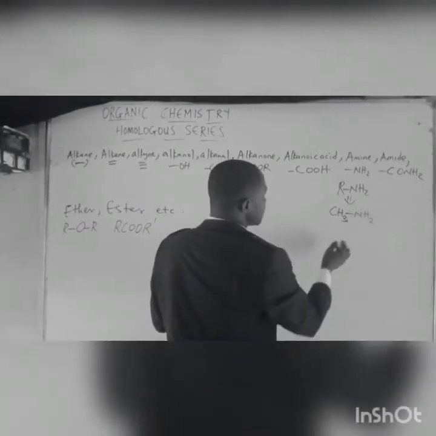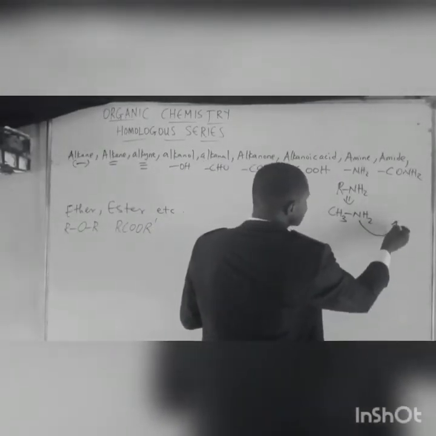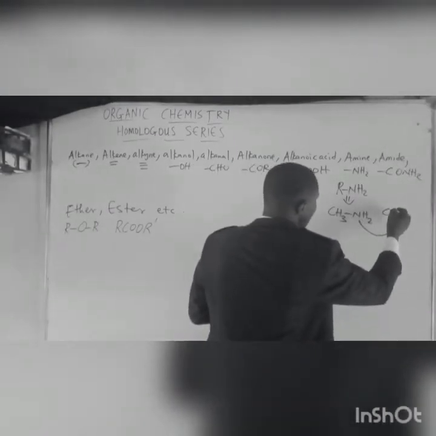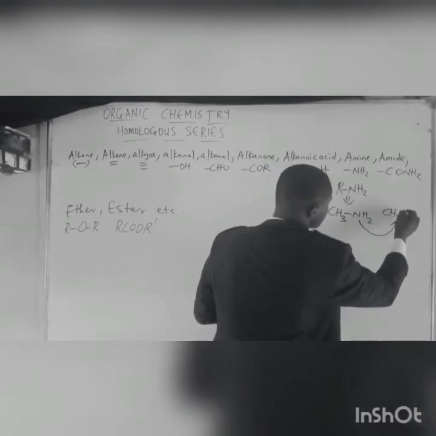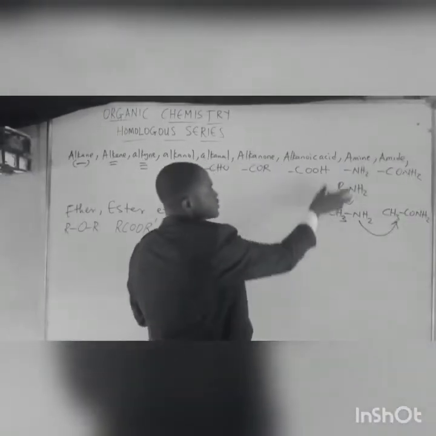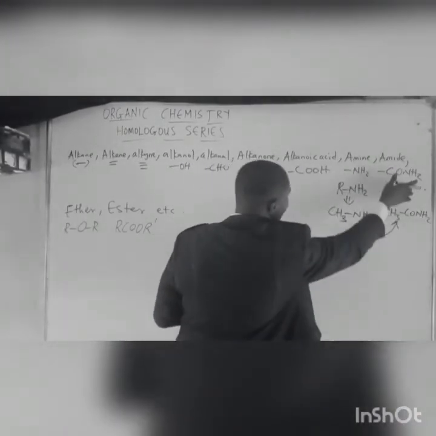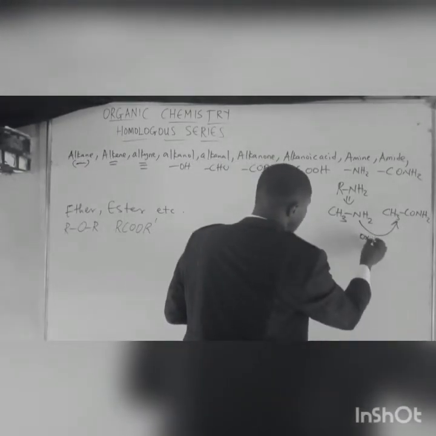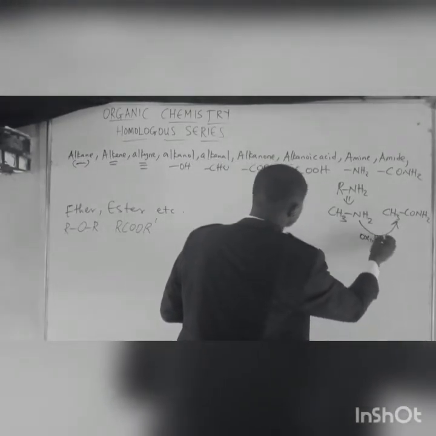Then this methylamine, when you oxidize it, will give you amide. So it will give you methanamide. So, oxidation of amine groups gives you amide. Note that it is by oxidation process.